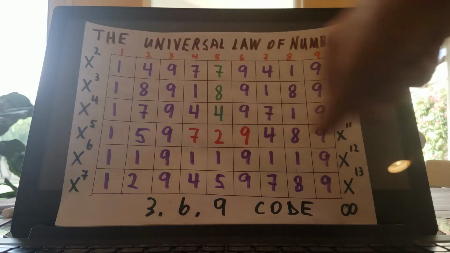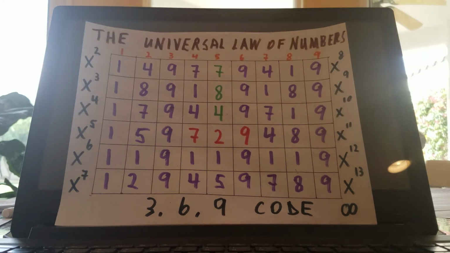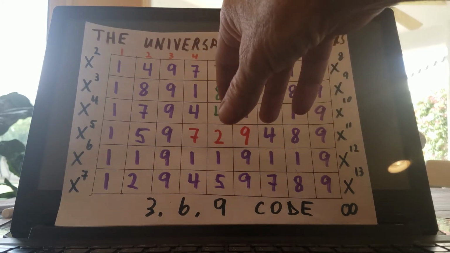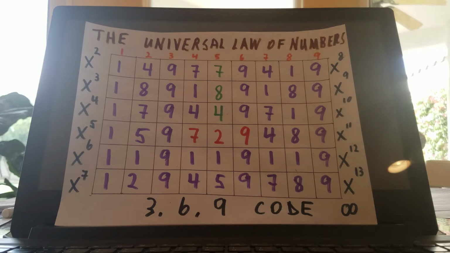These lines going across all carry on forever, but they do something else too. They carry on forever getting smaller and smaller, and they carry on forever becoming larger and larger.